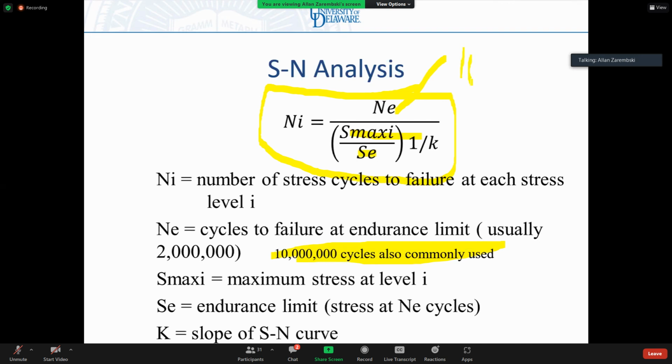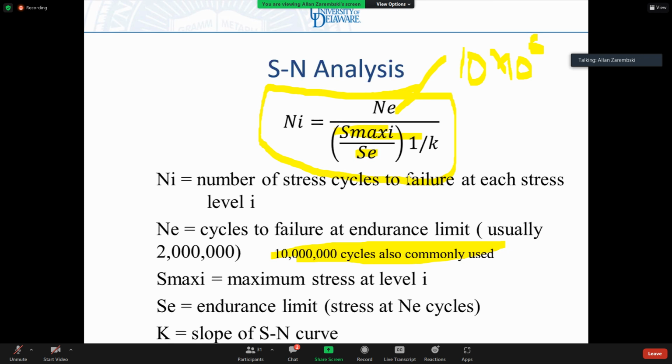So this is 10 million. S max sub I is the stress value we want to calculate. S sub E is the stress at the endurance limit, which varies as a function of R ratio. We're going to come back to that.